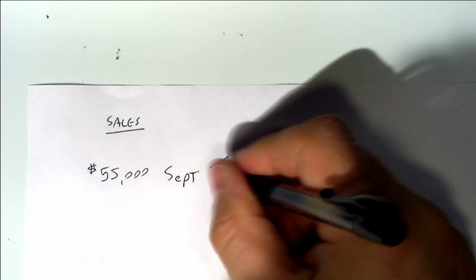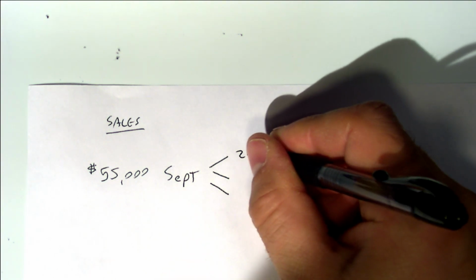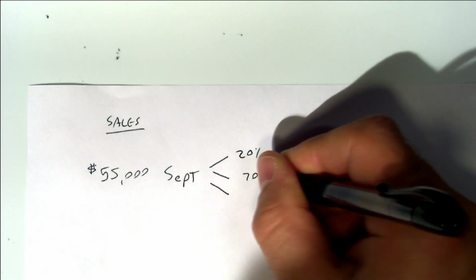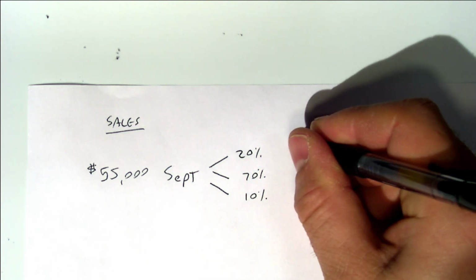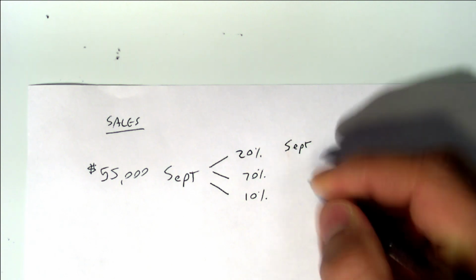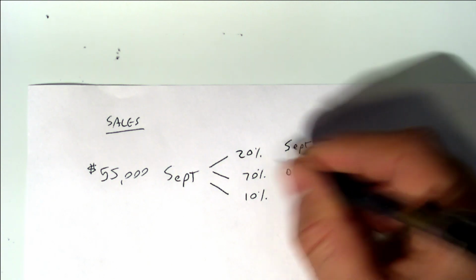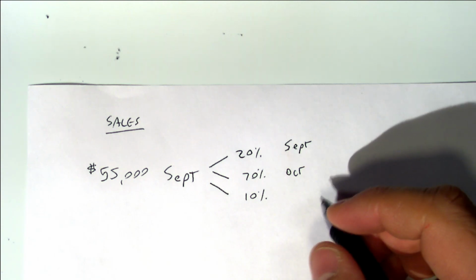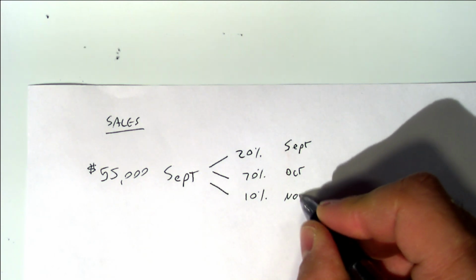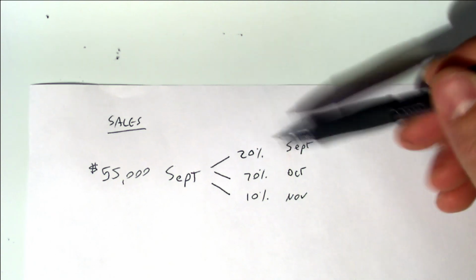So the collection pattern is going to be 20%, 70%, 10%. 20% will come in September. 70% will come in October, the month after September, and 10% will come in the second month after September, which is November. Let me say that again.